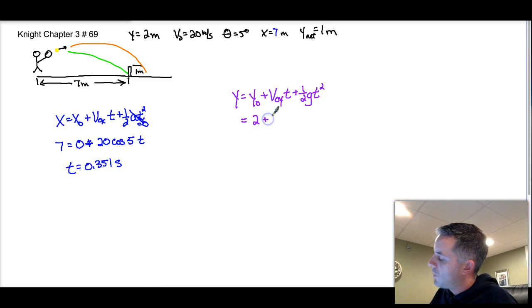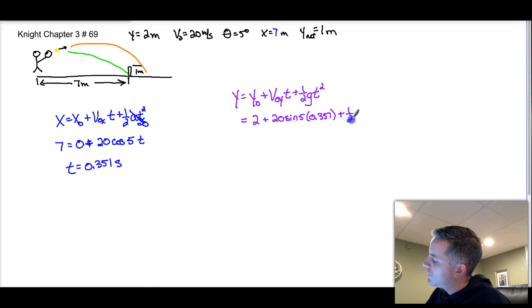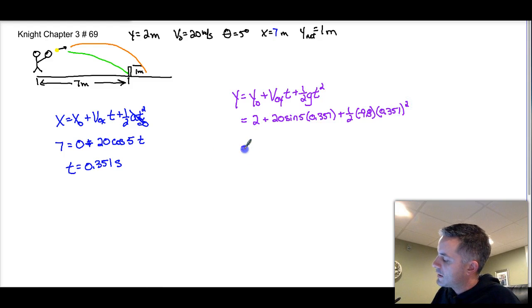And then we have v sub o y, which is 20 times the sine of 5. Our time is 0.351. And then we have 1/2 times negative 9.8 times 0.351 squared. This gives us 2 plus 0.612 minus 0.604.